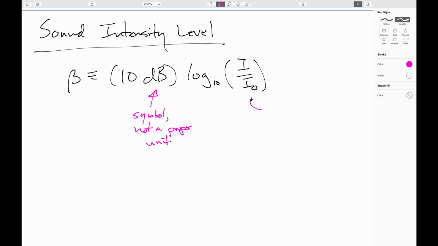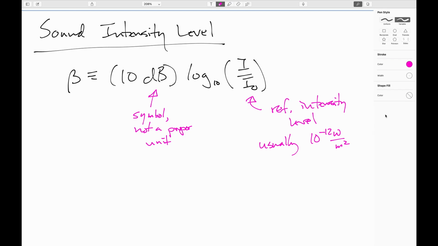This I naught is a reference intensity level. For talking about human sound perception, this is usually set at 10 to the negative 12 watts per square meter, which if you think about it, that ain't much.